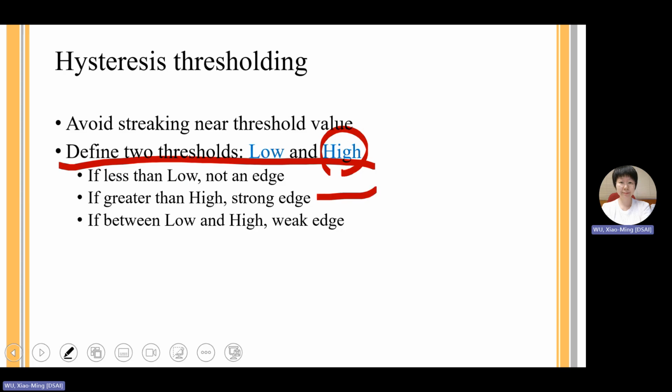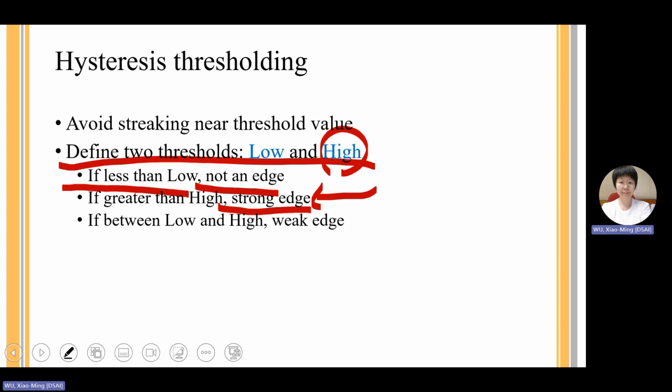to start with strong edges. If the gradient magnitude of the pixels is greater than the high threshold, then these pixels represent strong edge pixels, and they should be reserved. Conversely, if their gradient magnitude is lower than the low threshold, then we say these pixels are definitely not edge pixels.